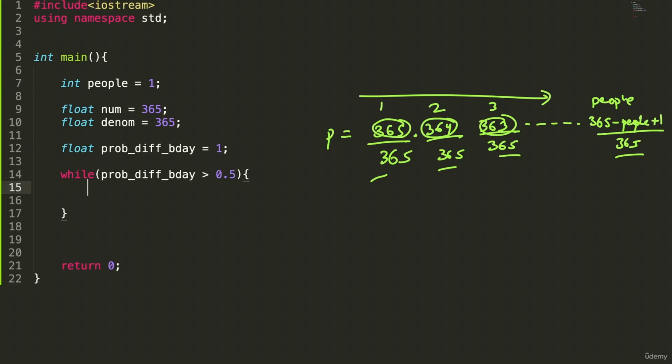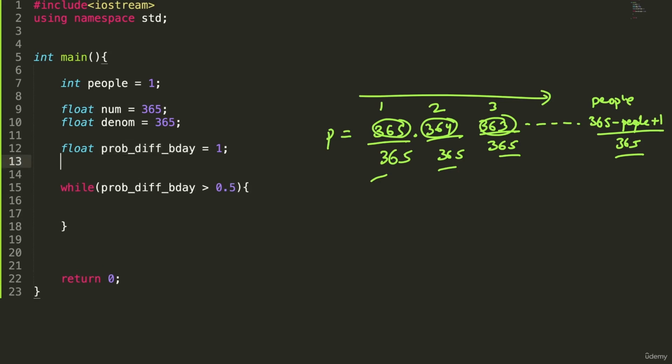We can start from the second person. This probability of having different birthday will be multiplied with the previous value into the current value.